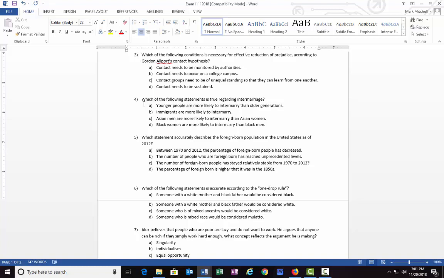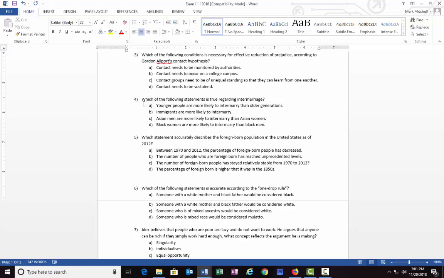Number 4, which of the following statements is true regarding intermarriage? Is it A, younger people are more likely to intermarry than older generations? B, immigrants are more likely to intermarry? C, Asian men are more likely to intermarry than Asian women? Or D, black women are more likely to intermarry than black men? So again, it's a more difficult question if you're not familiar with the textbook.